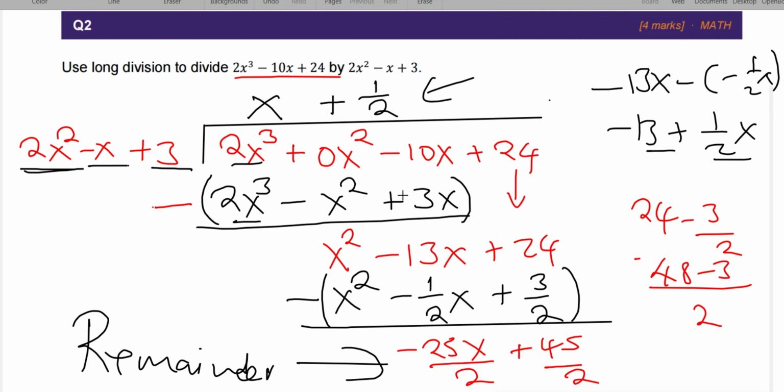The question said use long division to divide. So we've divided. This is the quotient, and what we have on the bottom is the remainder. That's how you use long division to answer these questions. So you've gotten exposed to a fraction based long division.